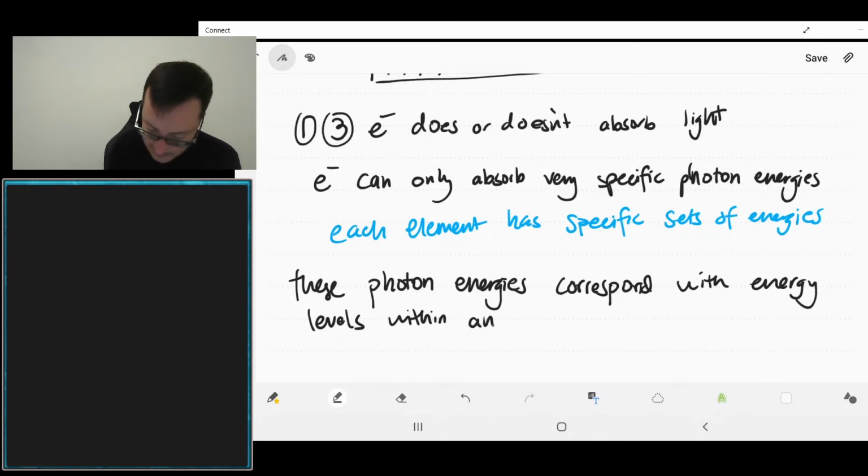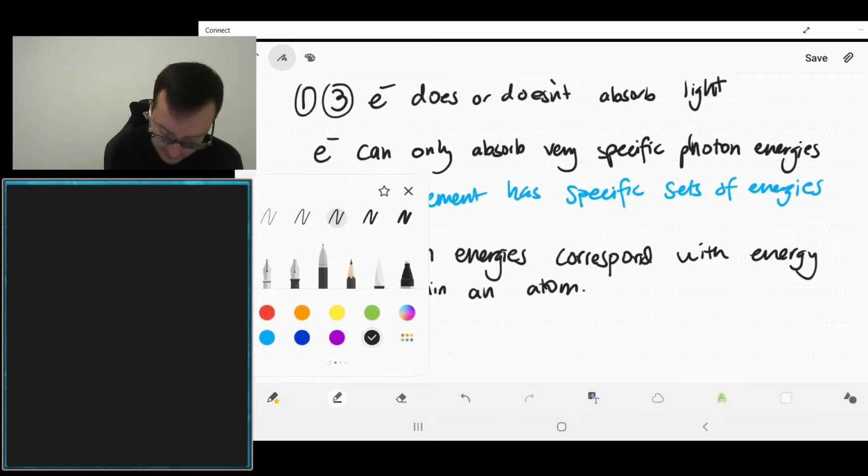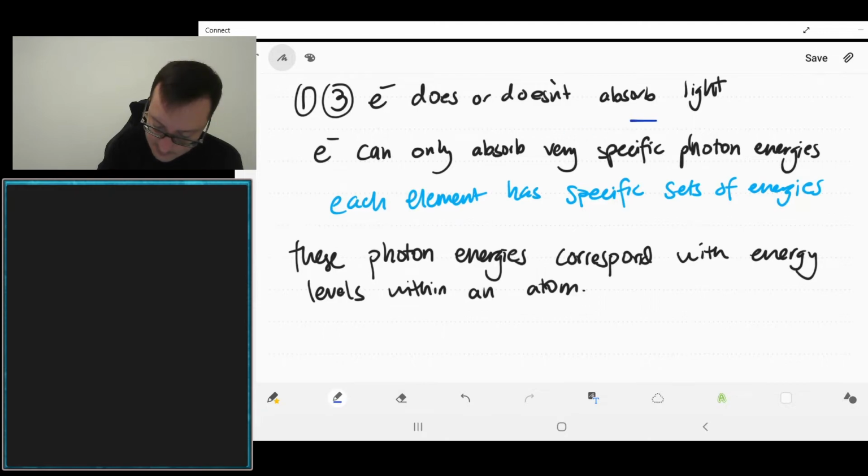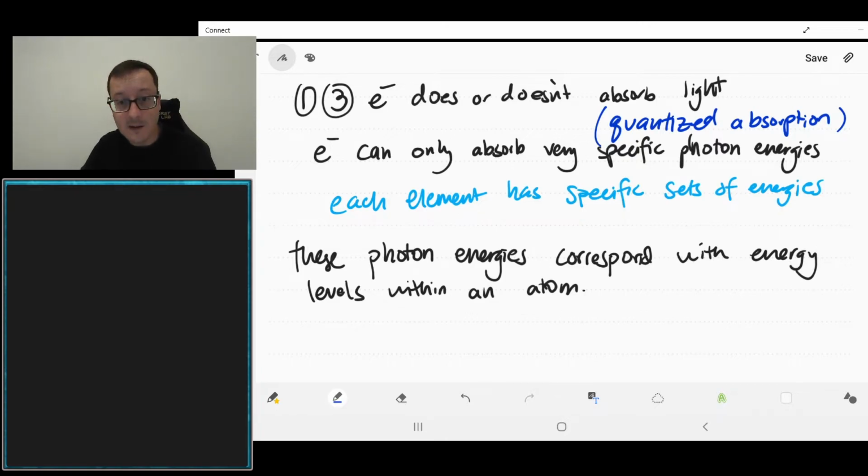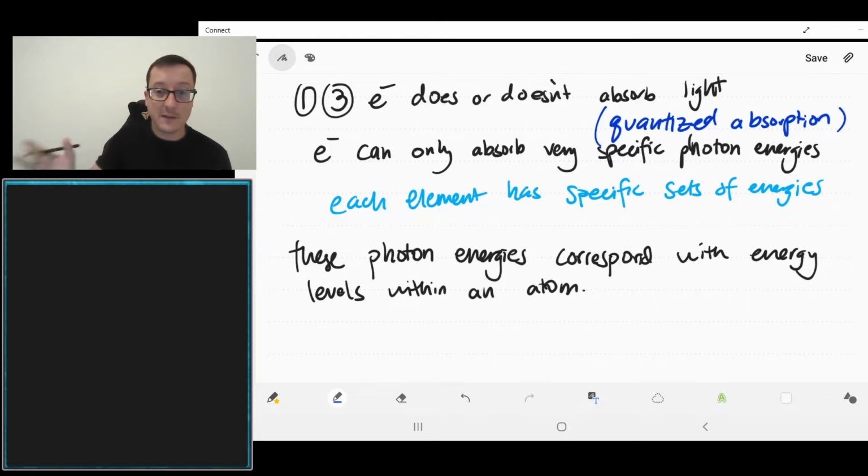within an atom. And we call these, by the way, these very specific sets, these very specific energies, quantized absorption. We can only absorb certain ones. We can't exist with a whole set of different energies, only specific ones.